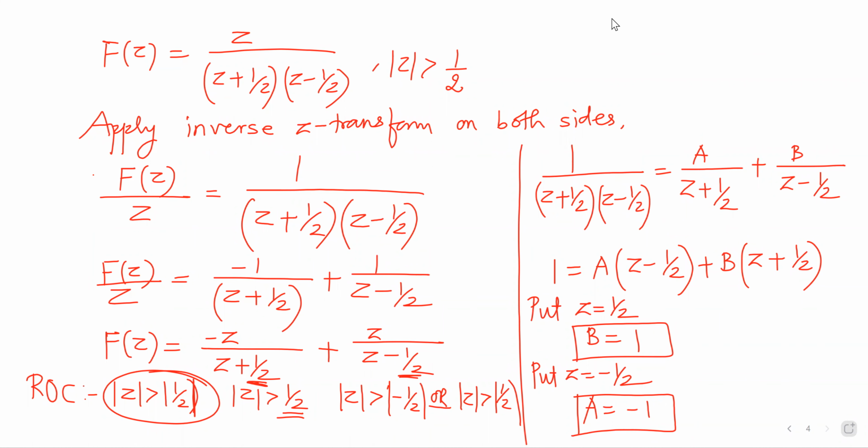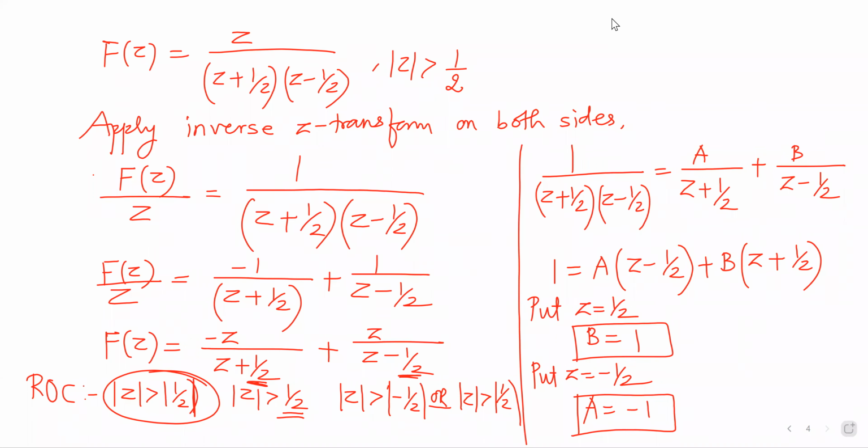So here the region of convergence is mod z greater than mod a, and for that we get the value for z upon (z minus a) as a raised to k. The inverse z transform is a raised to k.